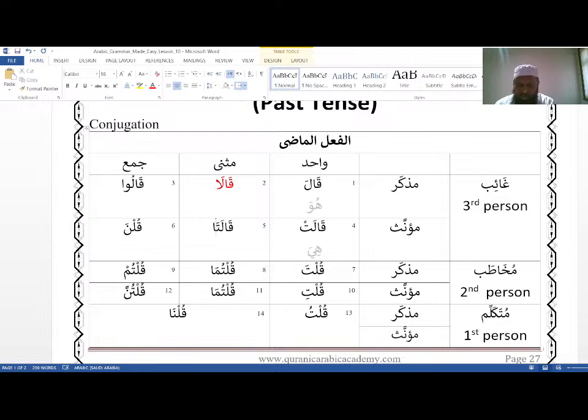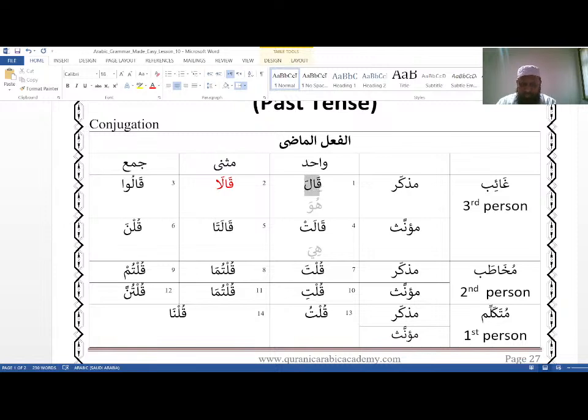Okay. The kana, put it this way. All the ajwaf that come from the group nasara, or the group that comes from bab nasara, will follow this pattern.